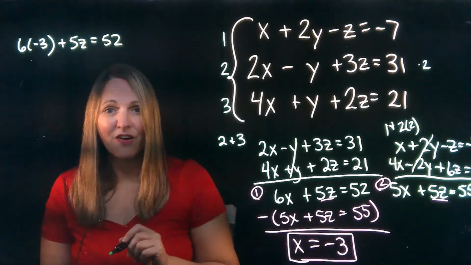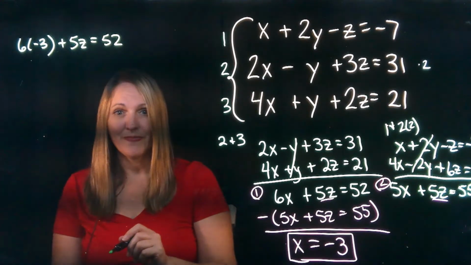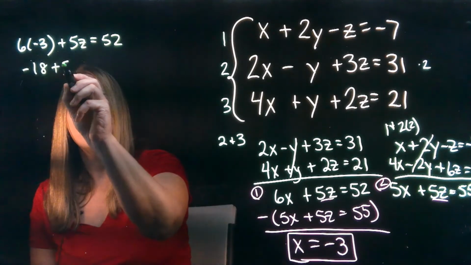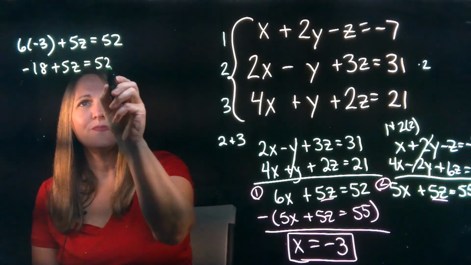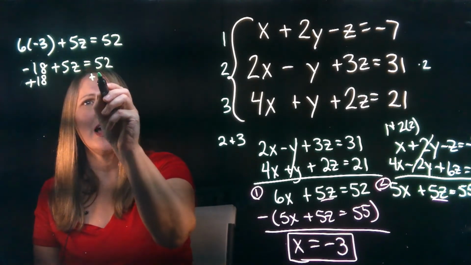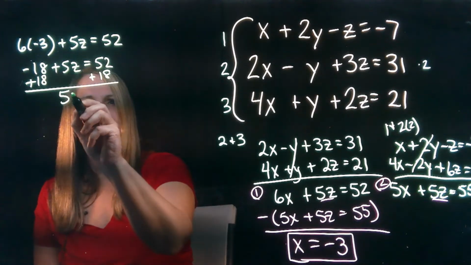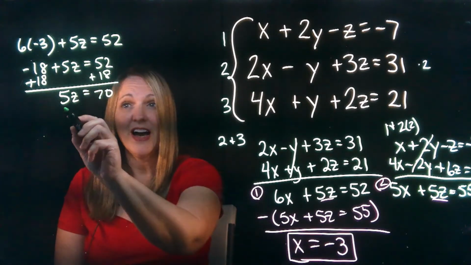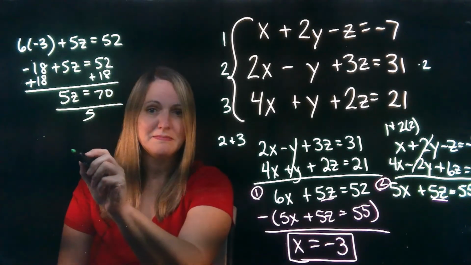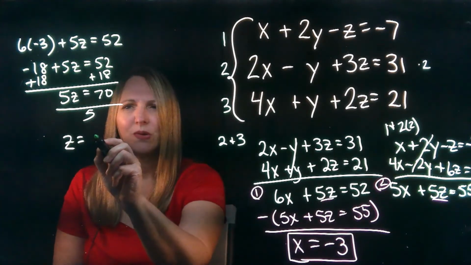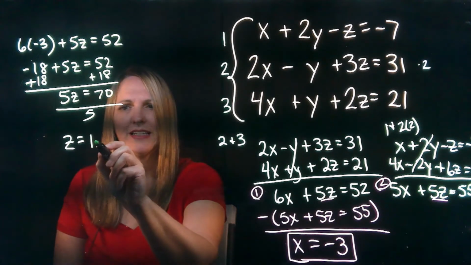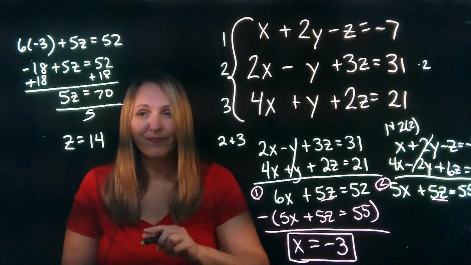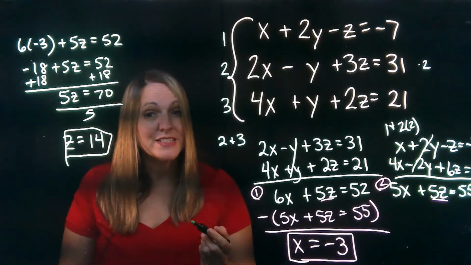That gives me -18 plus 5z equals 52. I can add 18 to both sides, and that will give me 5z equals 70. Now if I divide both sides by 5, I get z equals 14. That's my second solution.